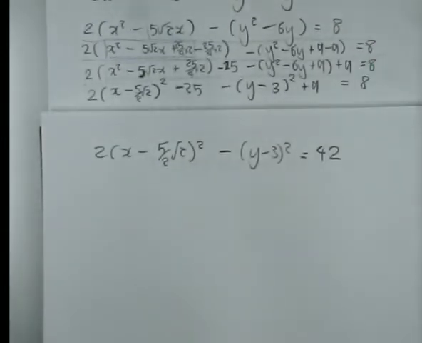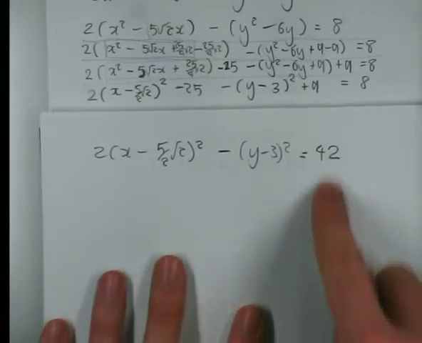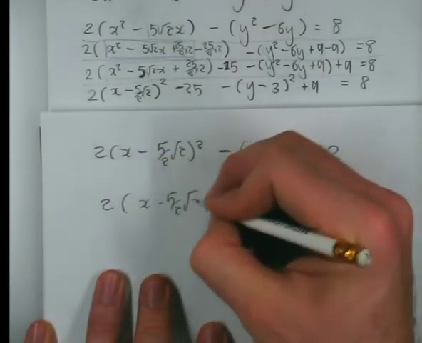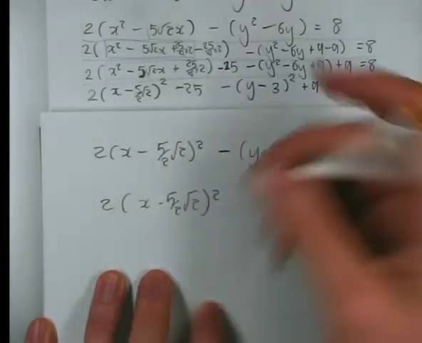So that's my completing the square step. At this stage I can tell it's a hyperbola. So if all they want is what is it, you can stop there. But if they want it in standard form, you have to arrange there to be a 1 here, by dividing by 42.